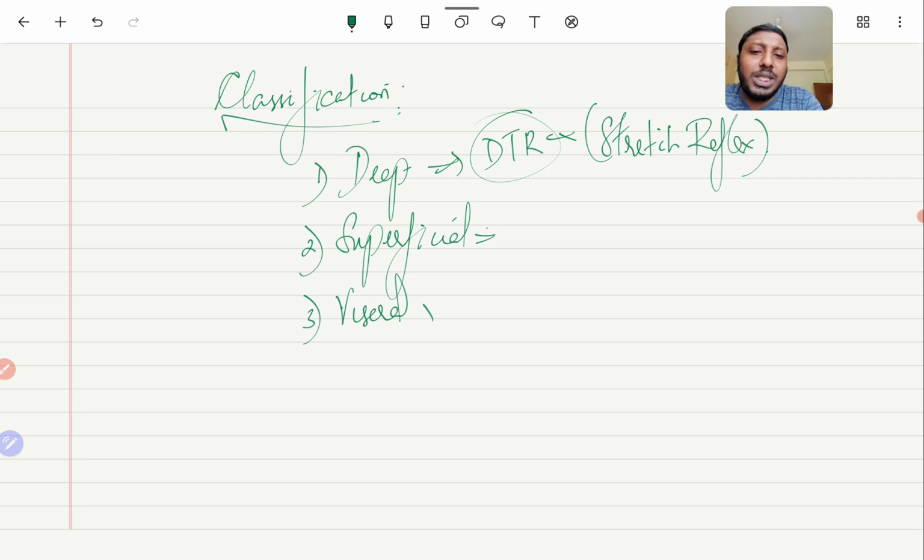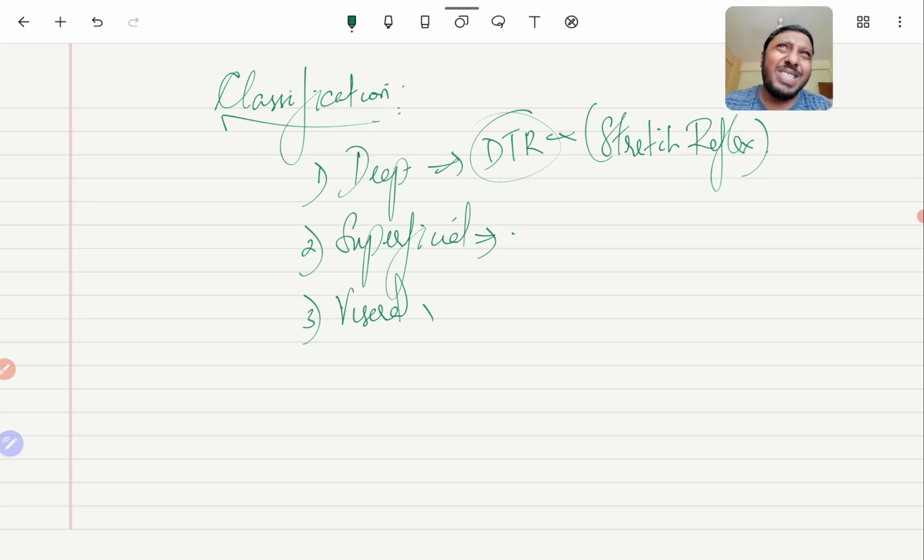Then superficial reflexes. Deep reflexes start from the deep tendons, but superficial reflexes are different in that they start from the skin. The way to think about it is that something in the skin causes the change.